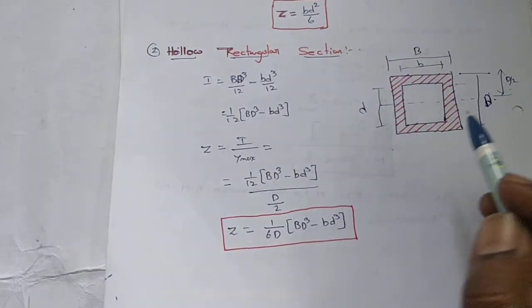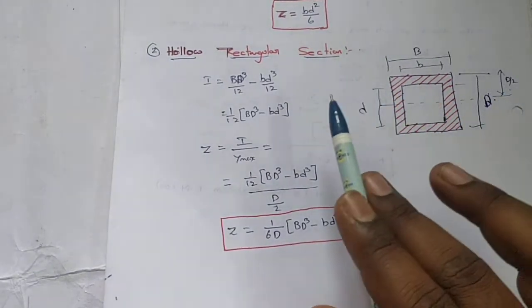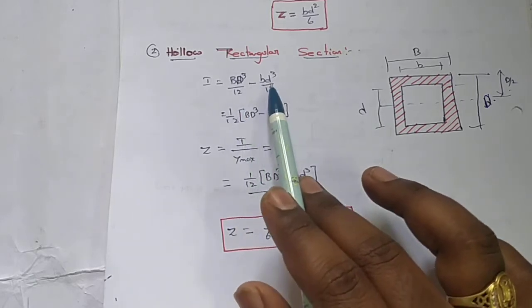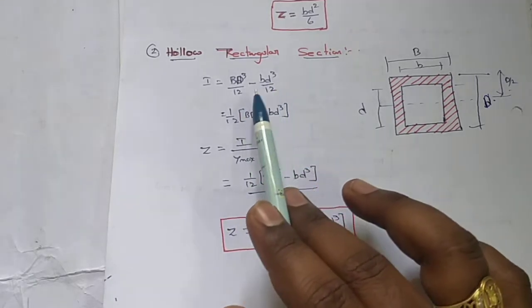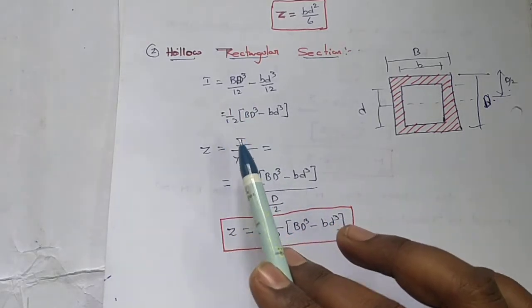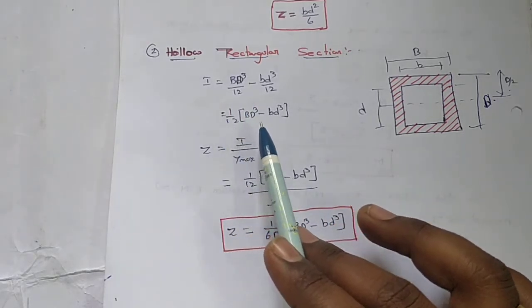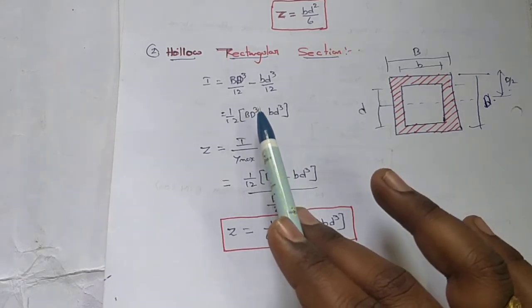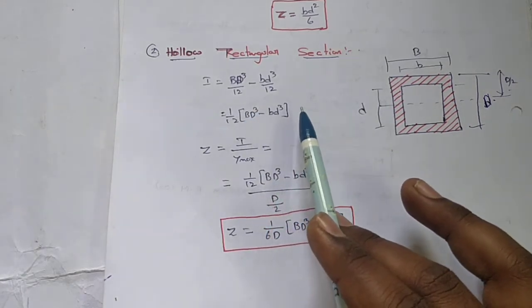For a hollow rectangular section, the moment of inertia is BD cube by 12 minus bd cube by 12. Taking 1 by 12 as common, it is 1 by 12 into capital BD cube minus small bd cube, and Y max equals capital D by 2.